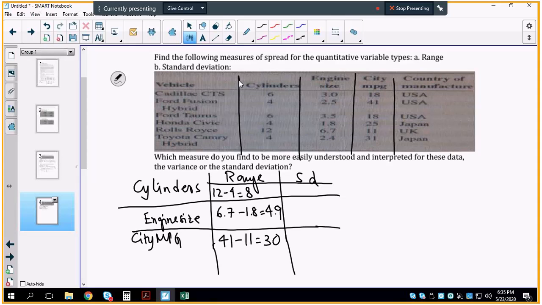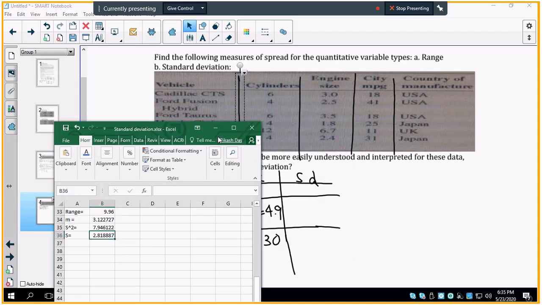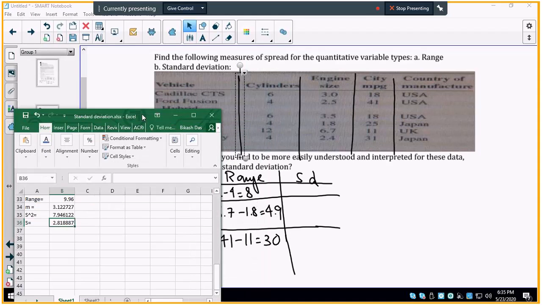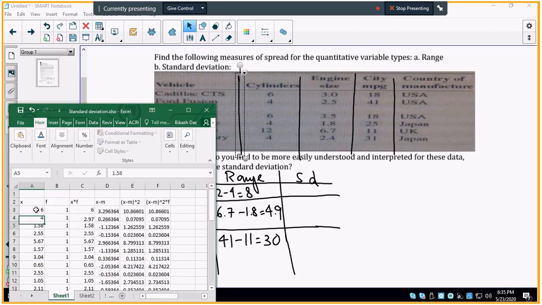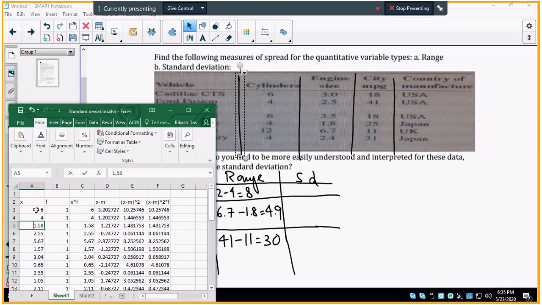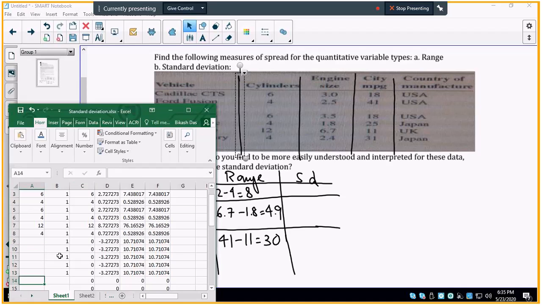We'll find the standard deviation in each situation, so we're going to use the spreadsheet a couple of times, and all it requires us to do is fill in the X values. So the first one for cylinders: 6, 4, 6, 4, 12 and 4. Remember I told you already that we are not going to use proper frequencies.